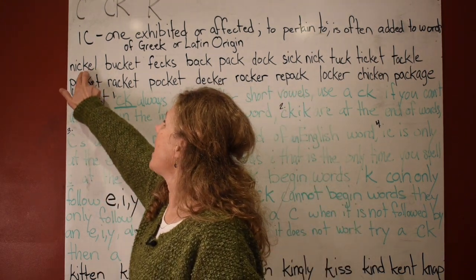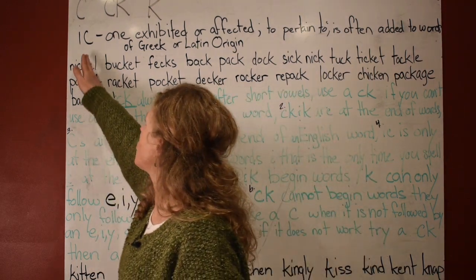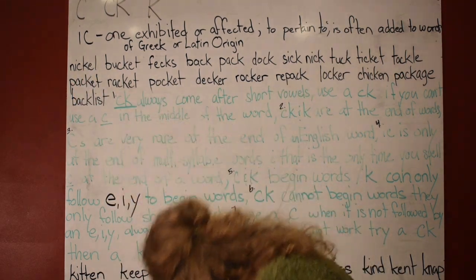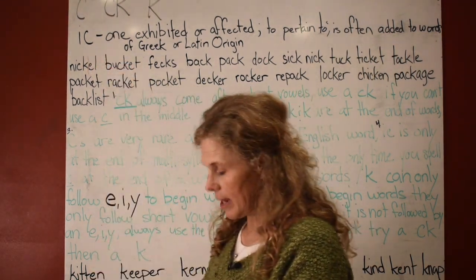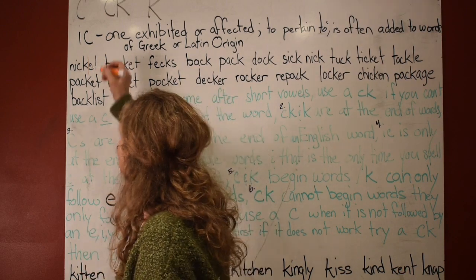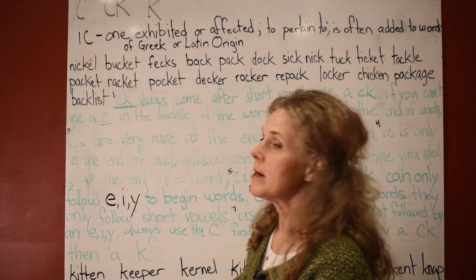But this CK only can go after short vowels. So it's going to click, it'll break right here, and then we have our vowel L that turns to schwa. Does that make sense?